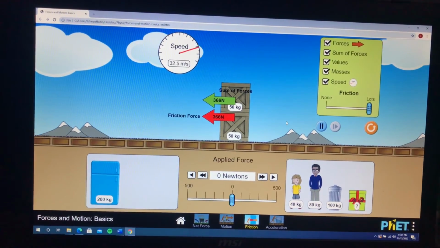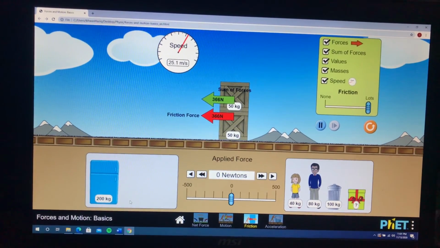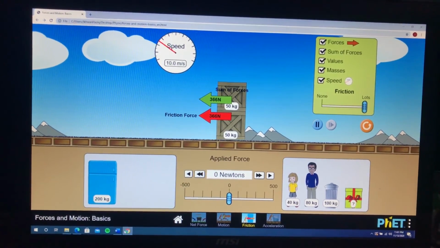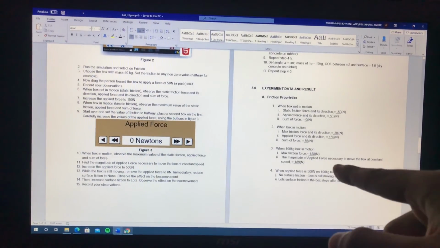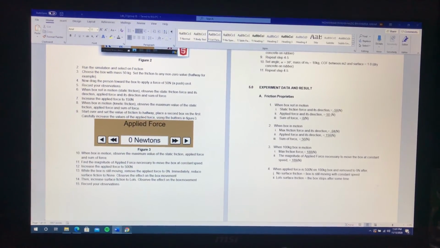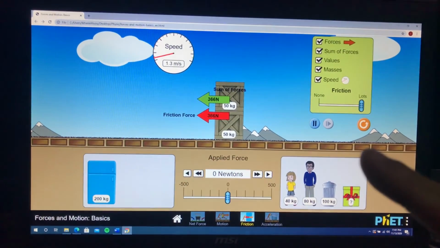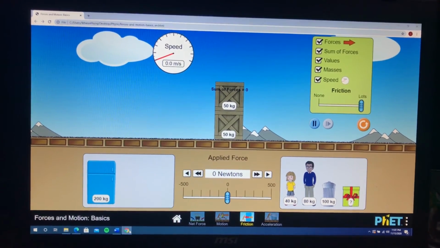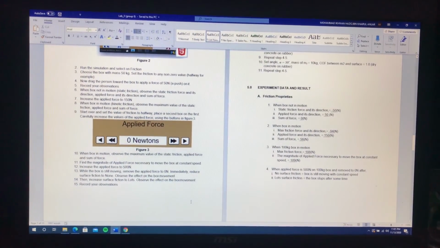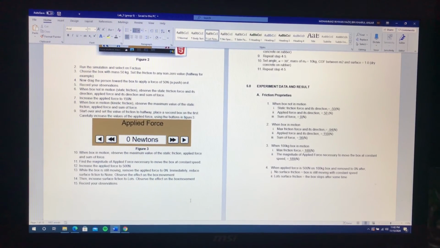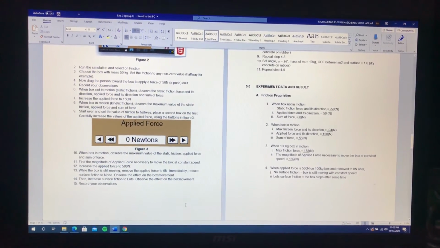See. Okay, so the difference between the no-friction and the large surface friction is the box stops after some time. Okay, we're waiting until it stops. See, it stops. Okay, this is how I'm doing part A of the experiment. Part A is friction properties.